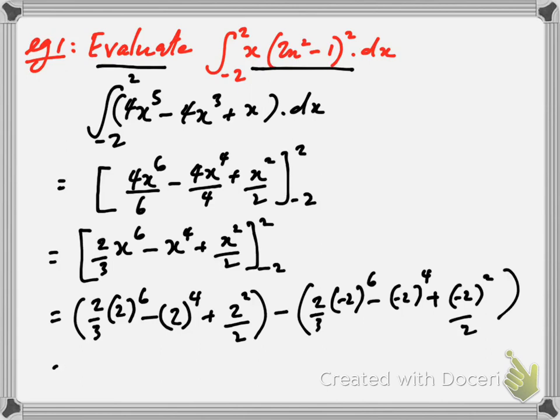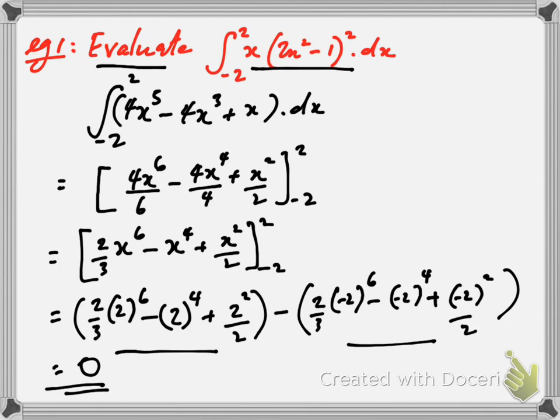If you plug that all in the calculator, you end up with 0. The value you get for here would be exactly the same as here, and then you minus them, you end up with 0. So that is the definite integral.